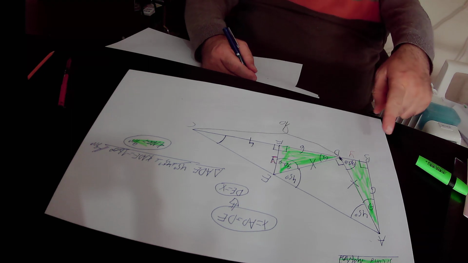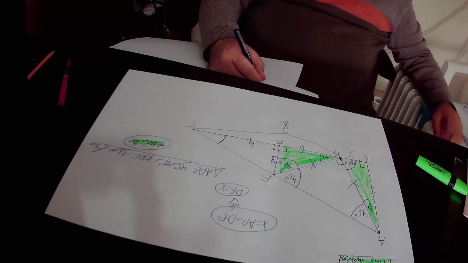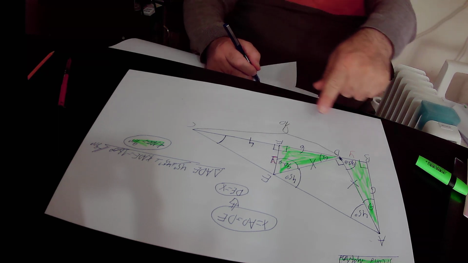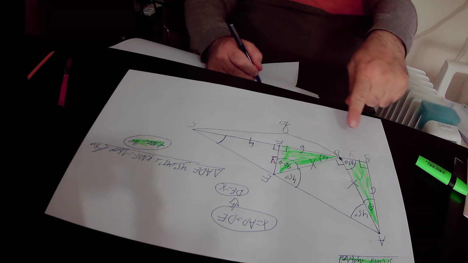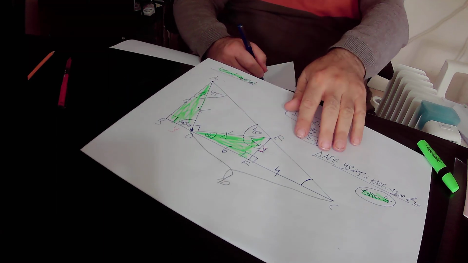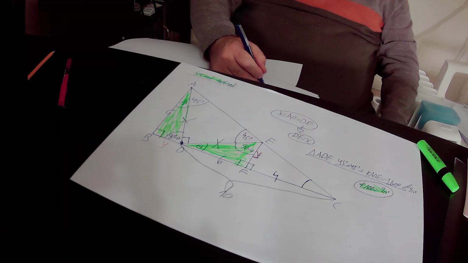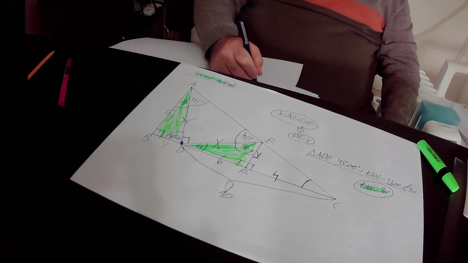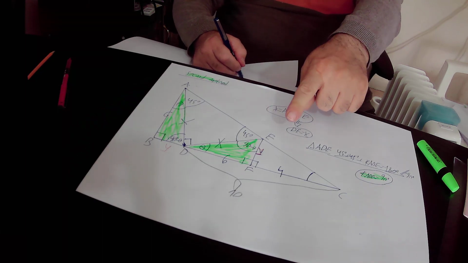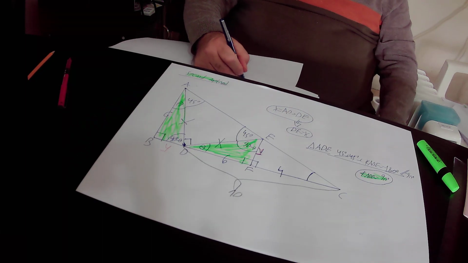AB is equal to 6 units, BC is equal to Y plus 10. You can see here that BC is equal to Y plus 10. And EF equals Y, over FC.